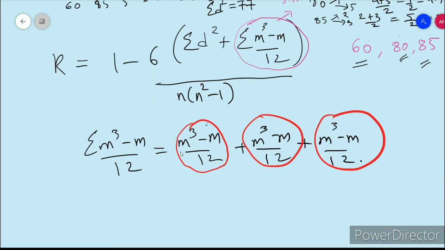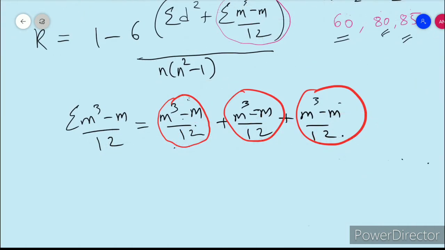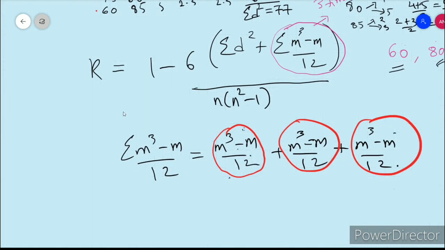Because m is the number of times an item got repeated. Now 60 from the X series was repeated 3 times. Look here, the 60 was repeated 3 times. Here, here and here. So m in case of 60 will be equal to 3.